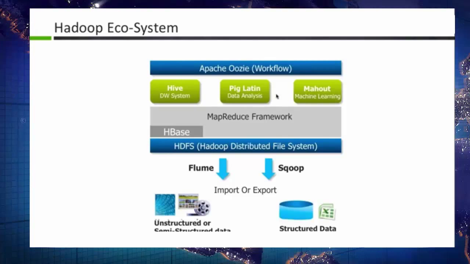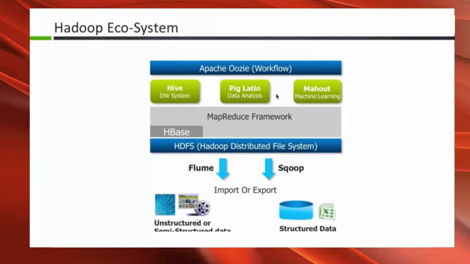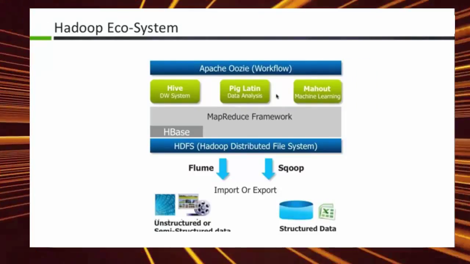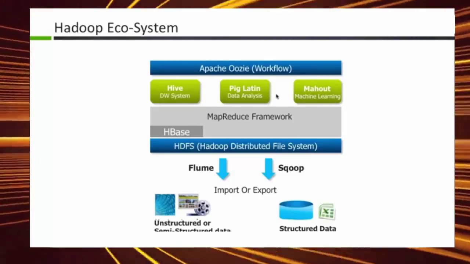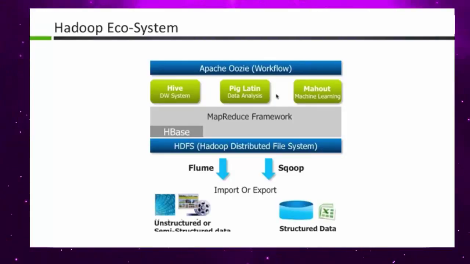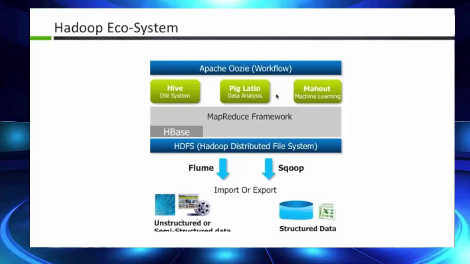R is an open source tool, a language in itself, very similar to SAS. SAS is basically a very high cost license. Yes, it is called R only, the letter R itself. You can search for the R programming language.